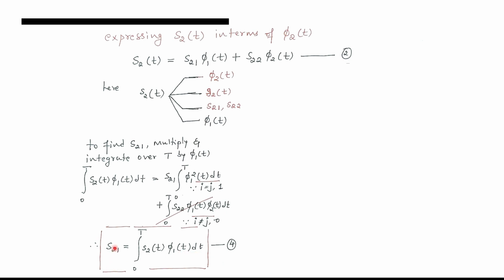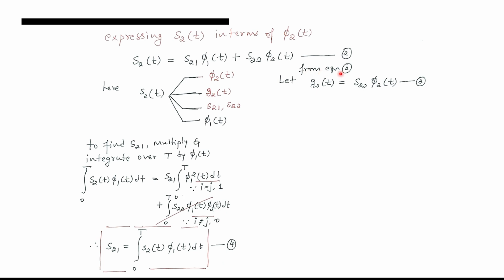Here the second subscript represents the second finite duration signal, and the first subscript represents the first orthonormal basis function. Now we know S21, phi1 of t from the previous step, and S2 of t. Two unknown terms we have to determine.